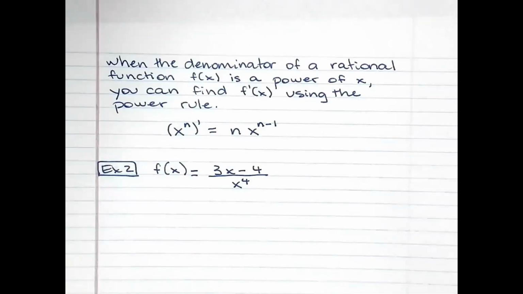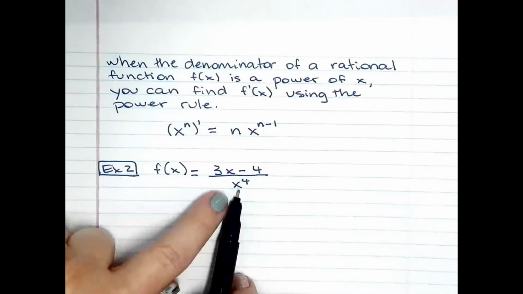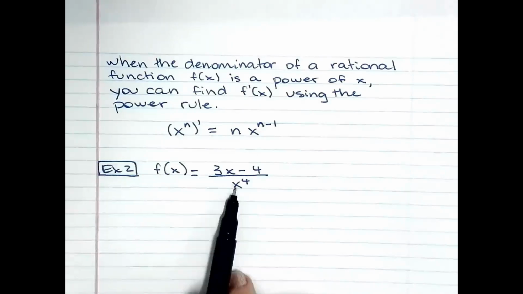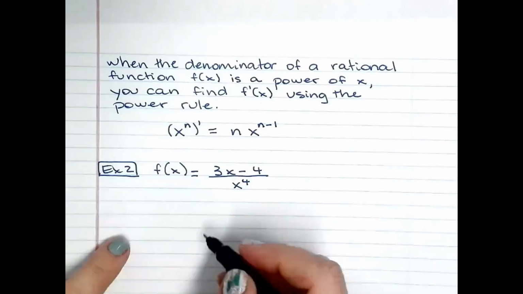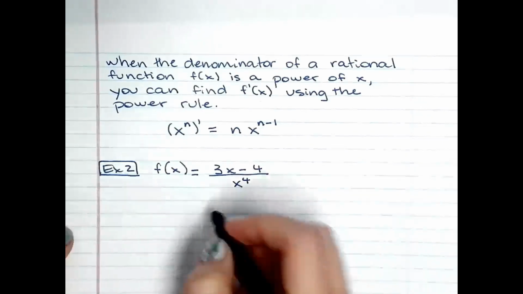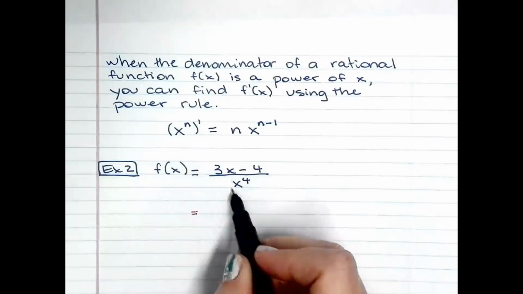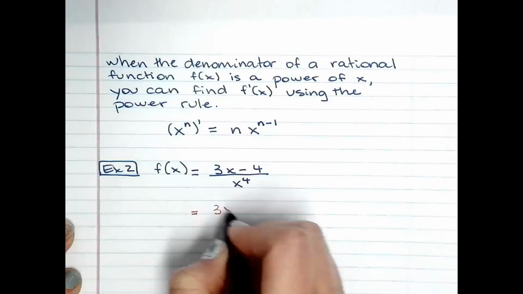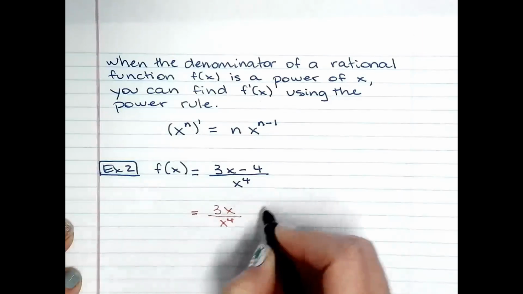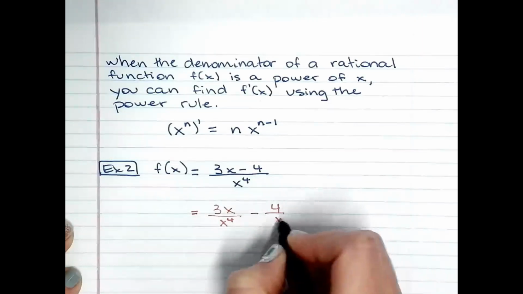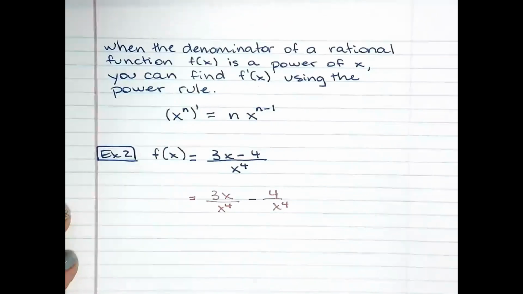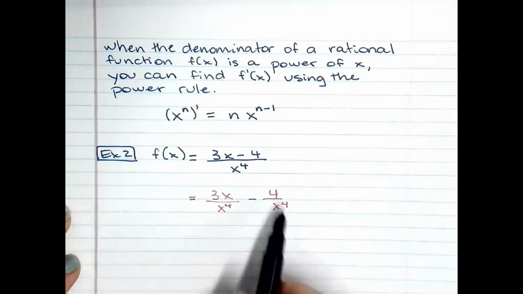You can use the quotient rule, that's going to work the same way, but if you get lucky, you can get the answer quicker. So here's what we can do. We can split that fraction in 2. And then rewrite that.